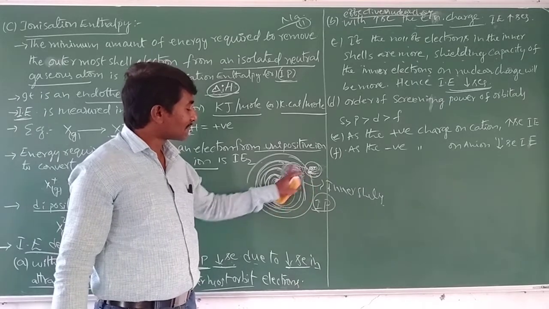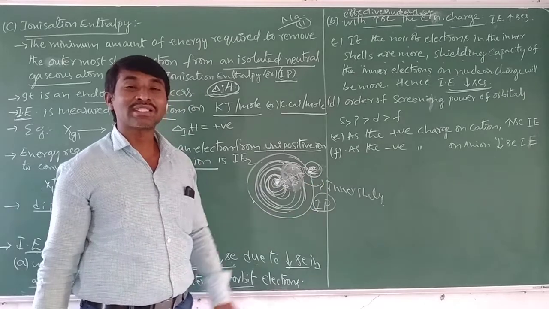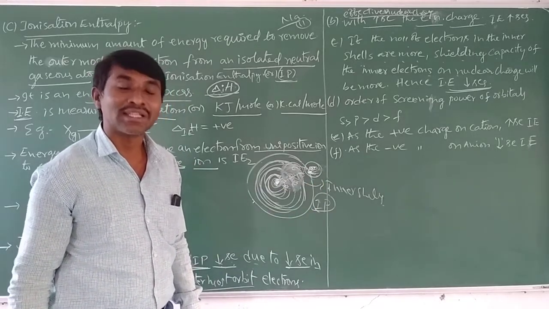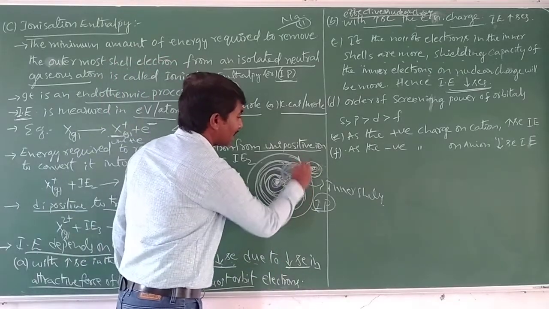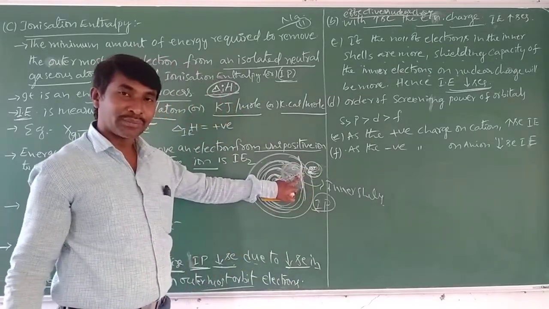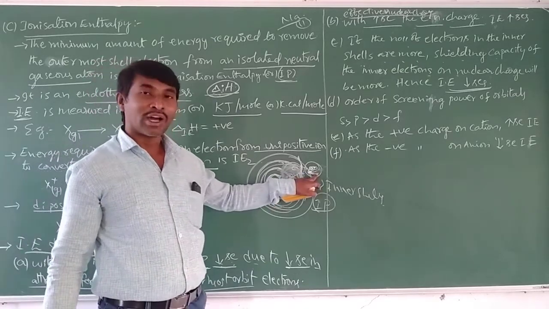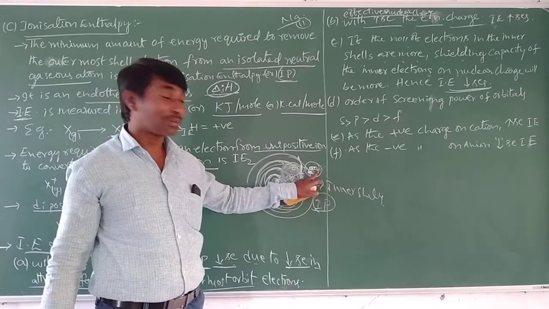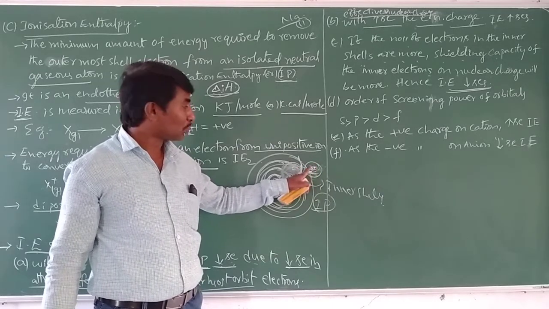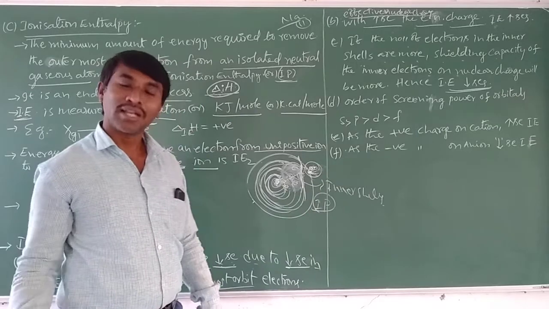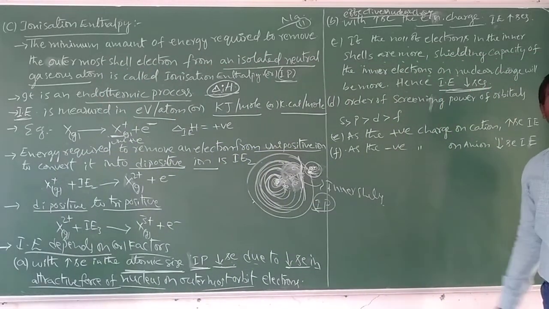That's why the shielding effect is more. Then ionization enthalpy decreases. Why? Because a screen forms between the nuclear charge and the outermost electron. So the amount of energy needed to remove this electron is less. Hence ionization enthalpy decreases.